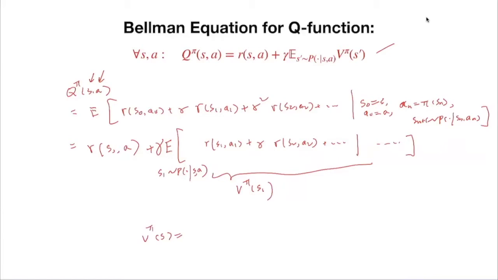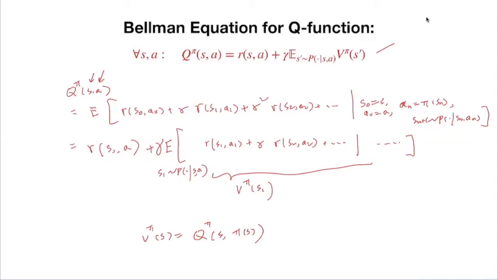You can also write V pi S as just Q pi of S, pi S, by definition. If you plug this expression into the Bellman equation for the Q function, you will get Q on both sides.